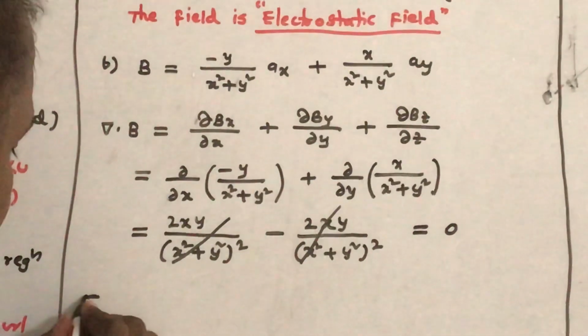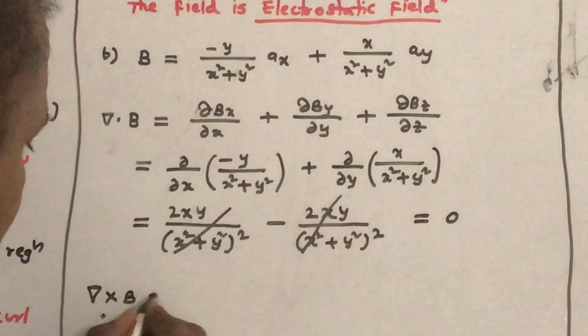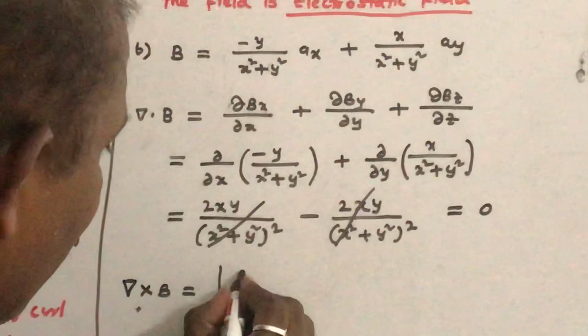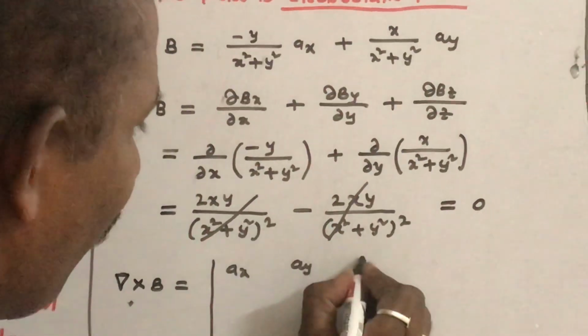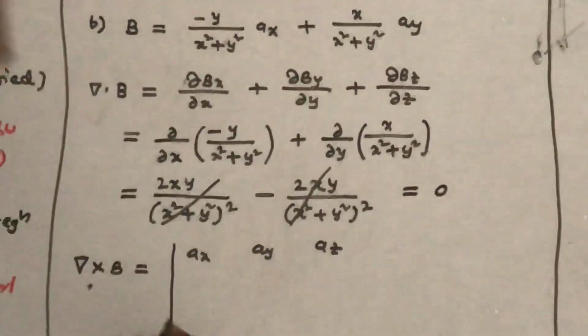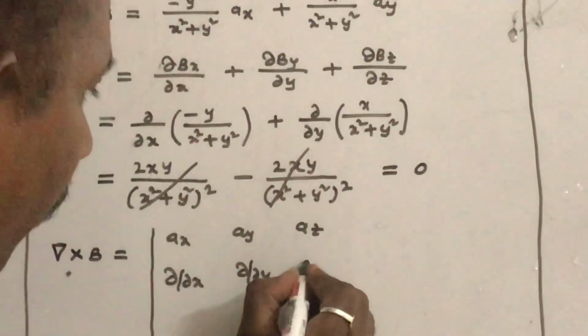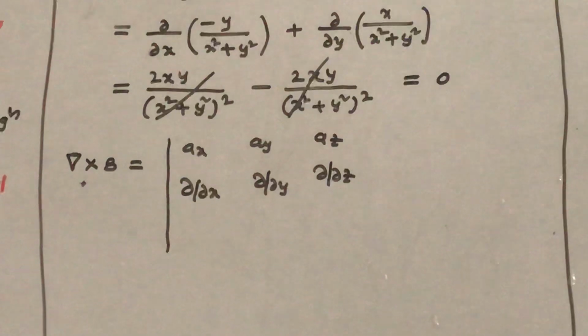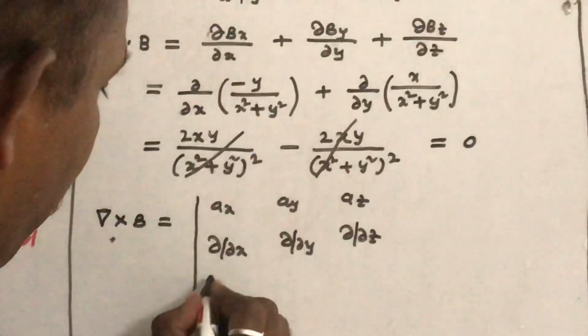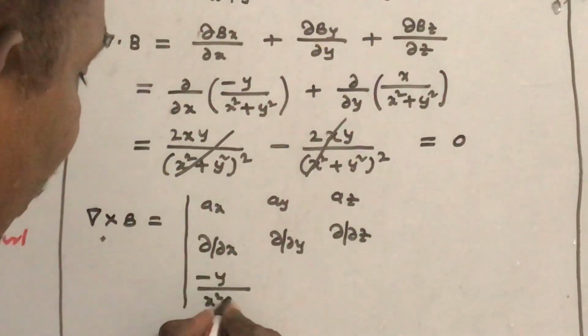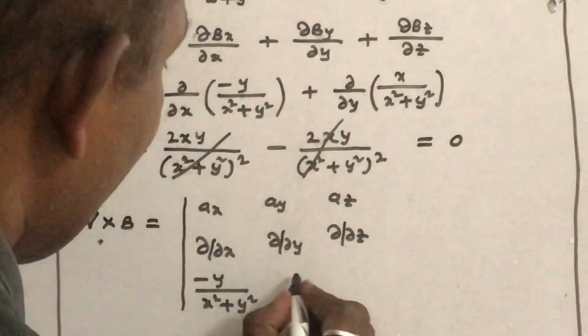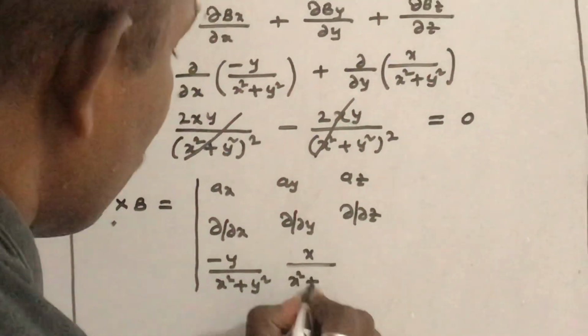Let us find out the del cross B. It is written as the determinant of Ax, Ay, Az, dou by dou x, dou by dou y, dou by dou z, and Bx, which is minus y by x square plus y square, By, which is x by x square plus y square, and Bz, which is 0.